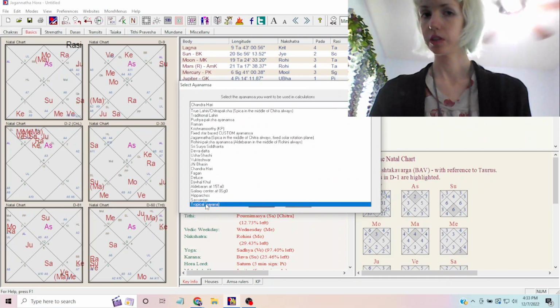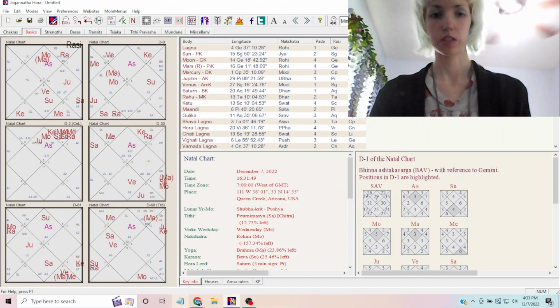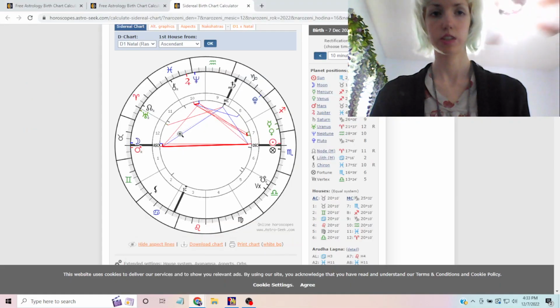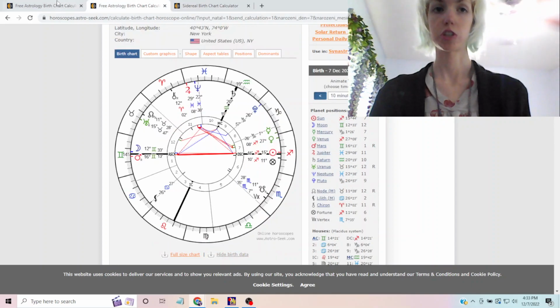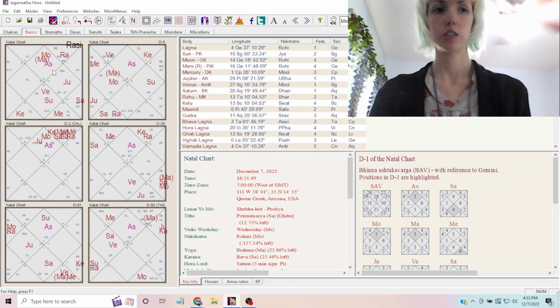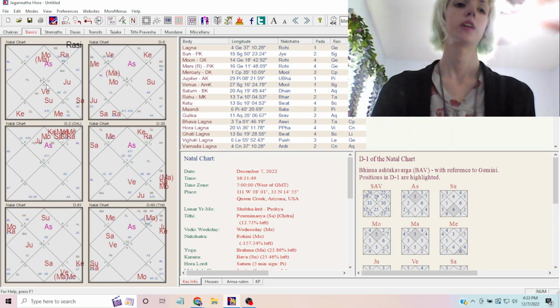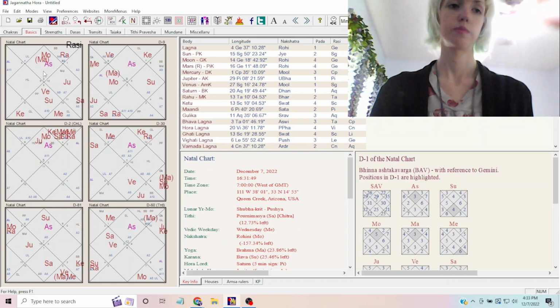But we're going to put this in tropical right now because I just showed how to read this chart, and the first chart I showed was in tropical. So as you can see, there's a 3 right here on the chart, and these are the signs. The third sign is Gemini.